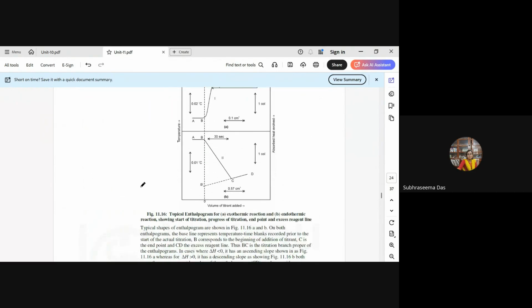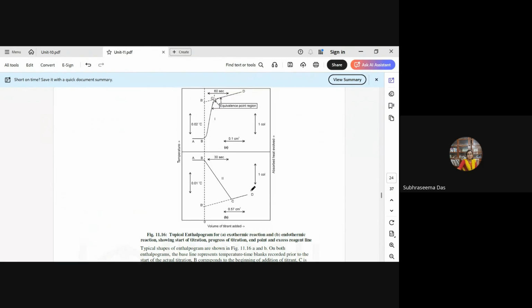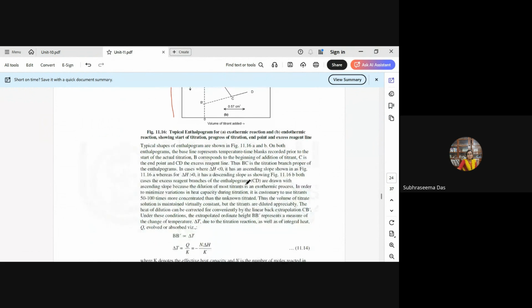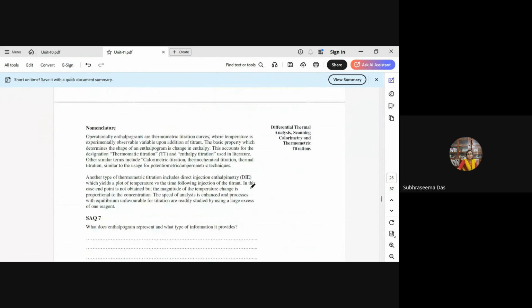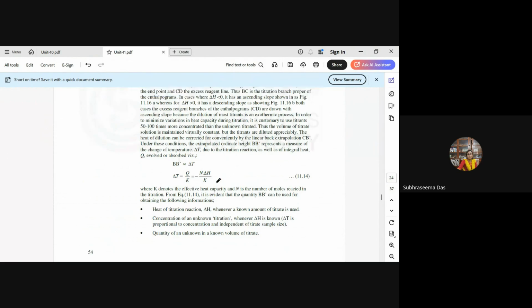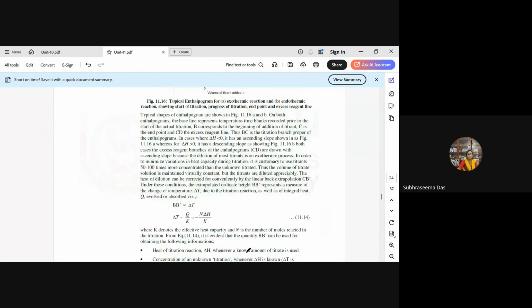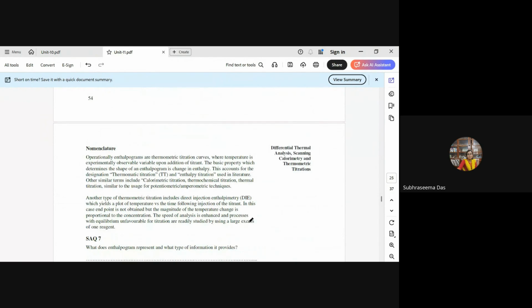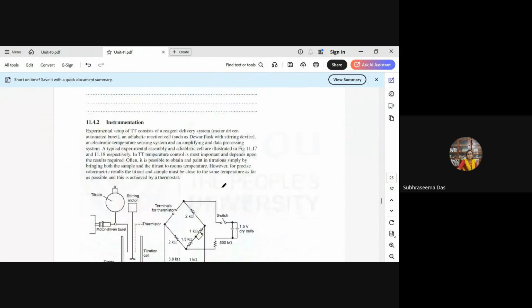A particular enthalpogram for exothermic and endothermic reactions is shown in figure 11.16. This is the curve representing an enthalpogram or thermometric titration, abbreviated as TT.